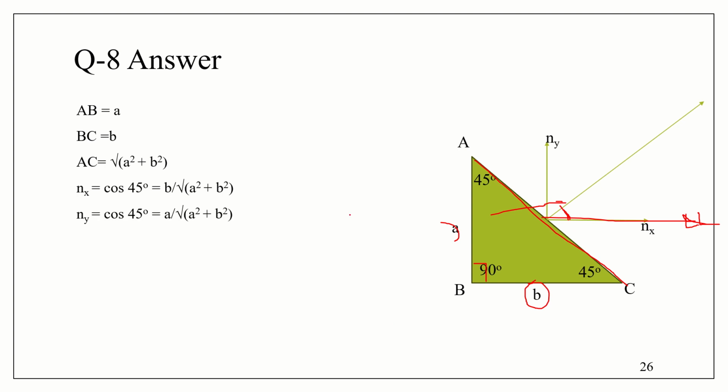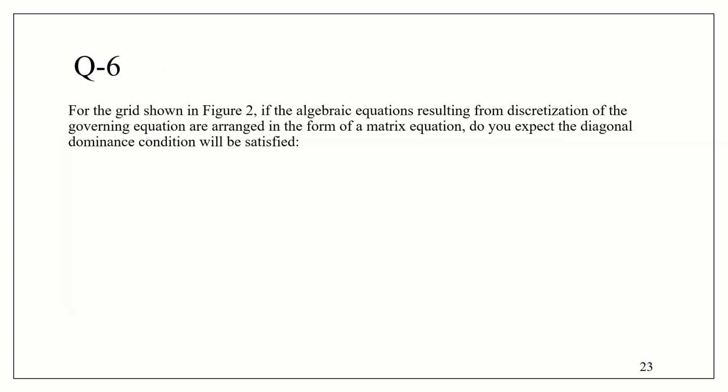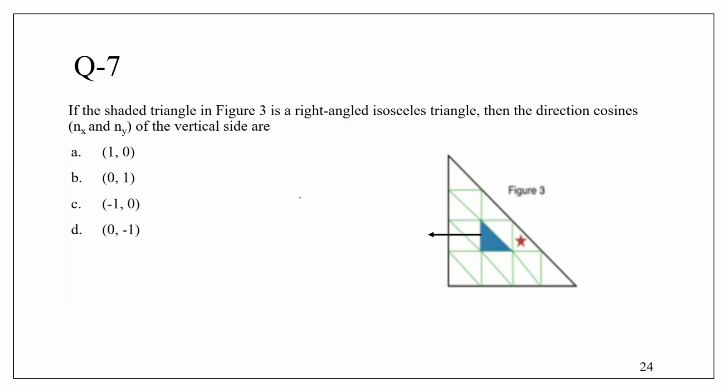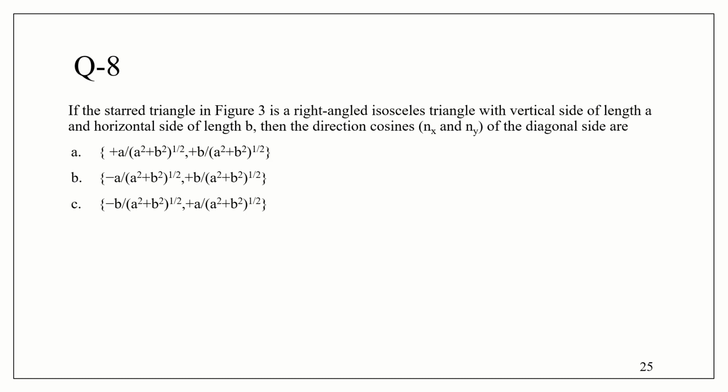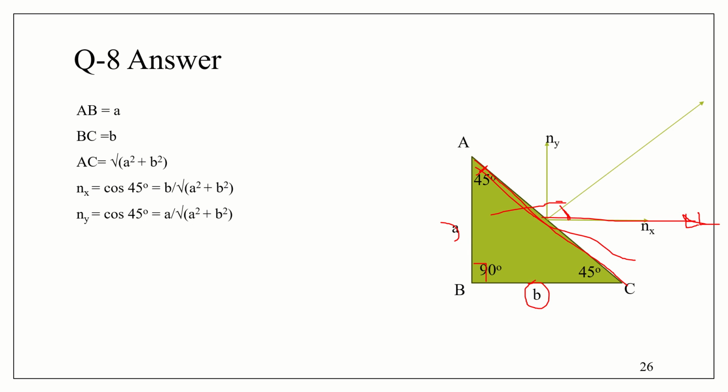And ny would be this way, a by root of a square plus b square. So the answer is b by root of a square plus b square, comma a by root of a square plus b square. That is option D, the right answer. We have just discretized it and found the answer.